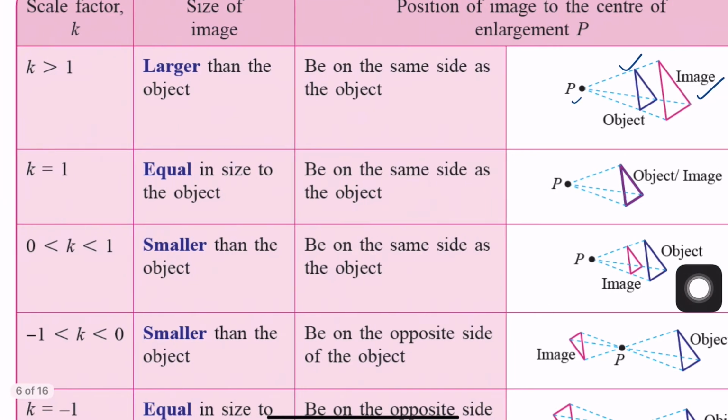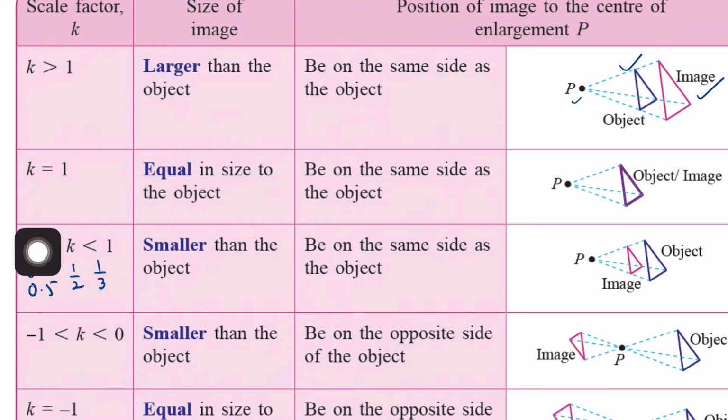Look over here. If you have K between 0 and 1, for example 0.2, 0.5, 1 over 2, 1 over 3, something like that, the image is smaller than the object and it falls on the same side.